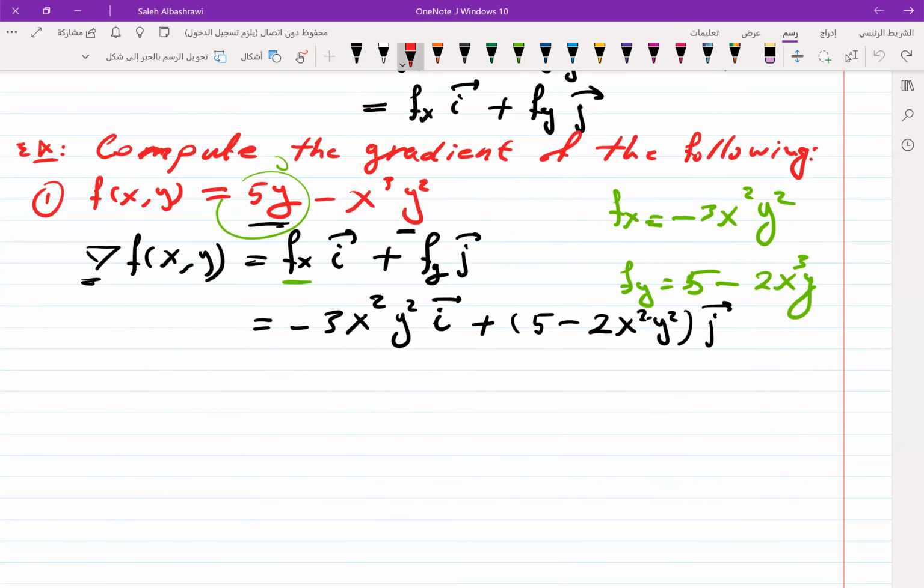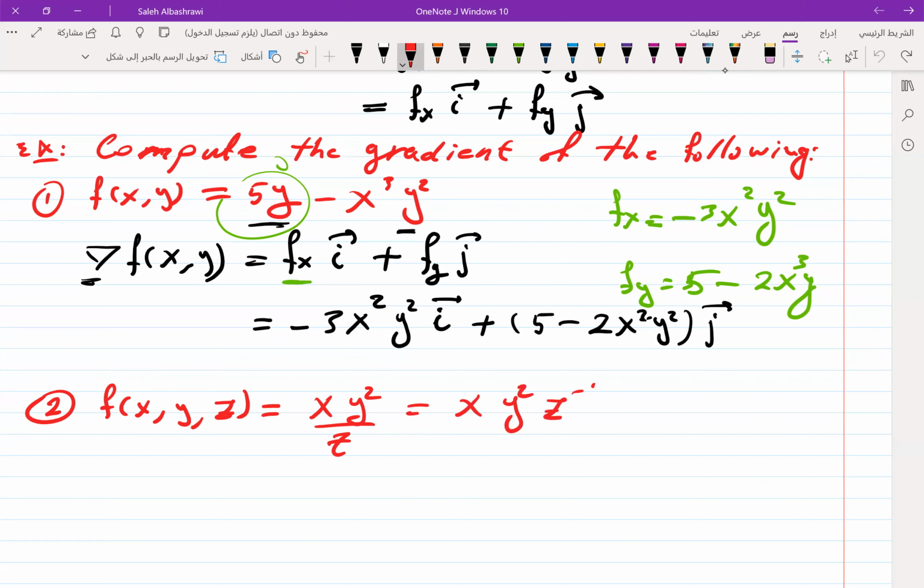Another one, number 2. Let f of x, y, z equal x y squared over z, or this can be written as x y squared z to the power minus 1. I need to find the gradient of this function.